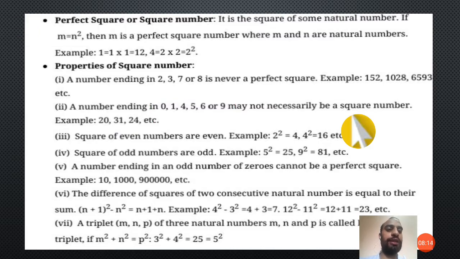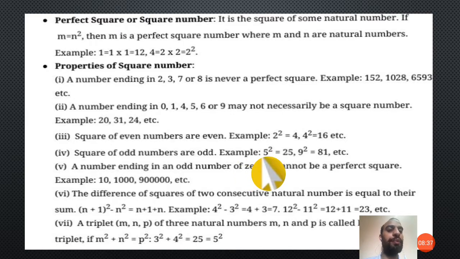Okay, next, square of an even number is always even. You can see 2 is an even number, its square is 4. 4 is an even number, 4 times 4 is 16, also even. You can take 8, an even number, its square is 64. And the square of an odd number is always odd.